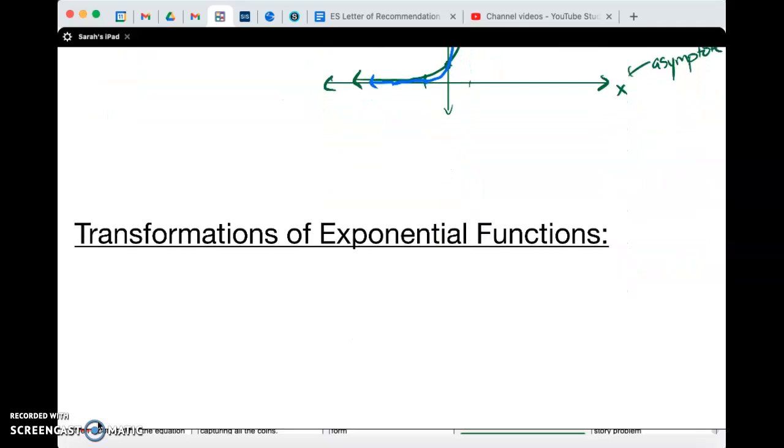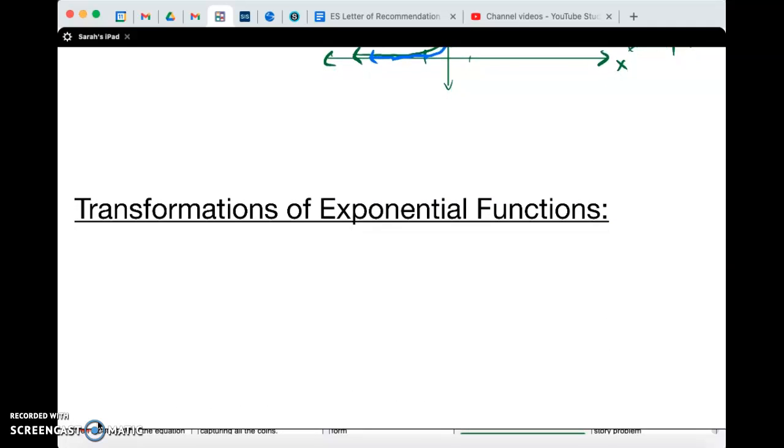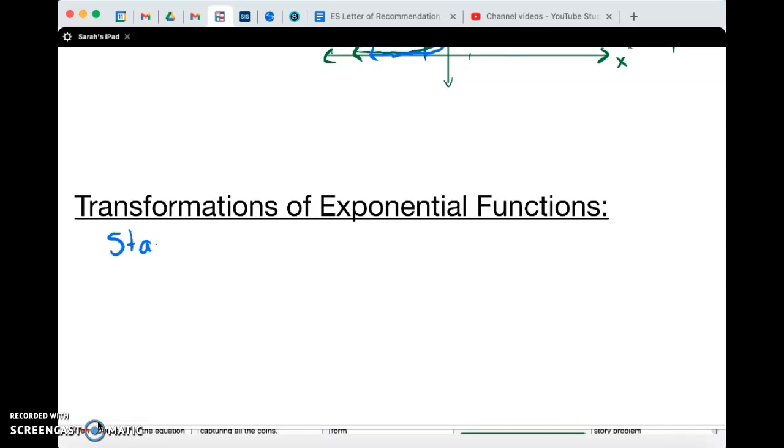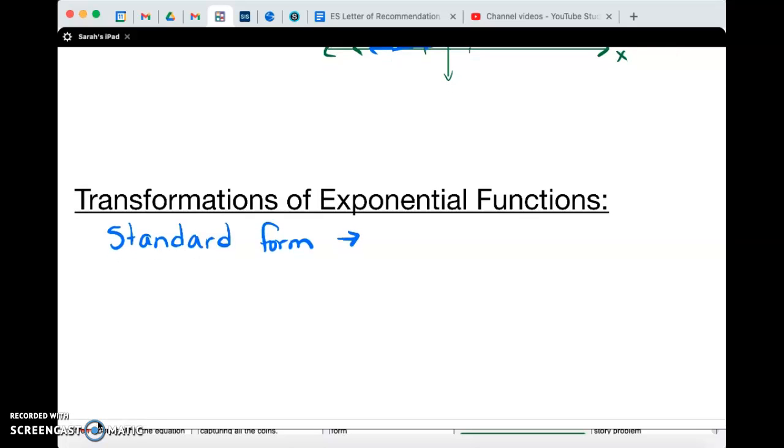Okay. So graphing those ones, nothing crazy with it. If I write exponentials in standard form, I can do all sorts of transformations to it. So here's the standard form of exponential.